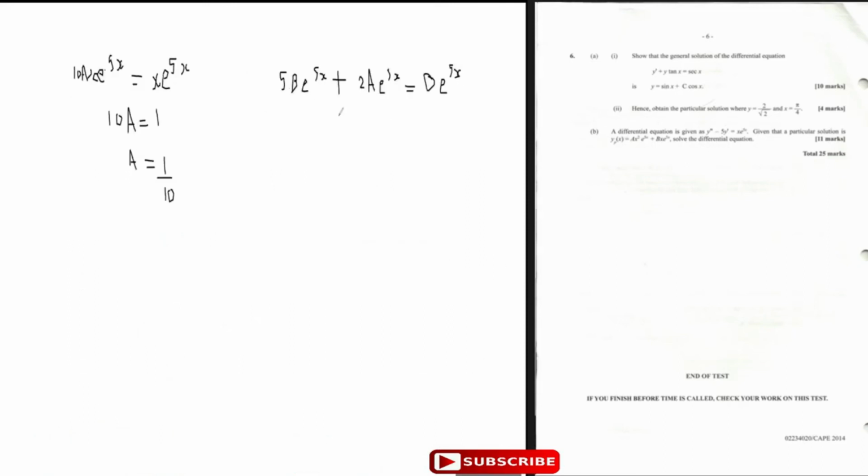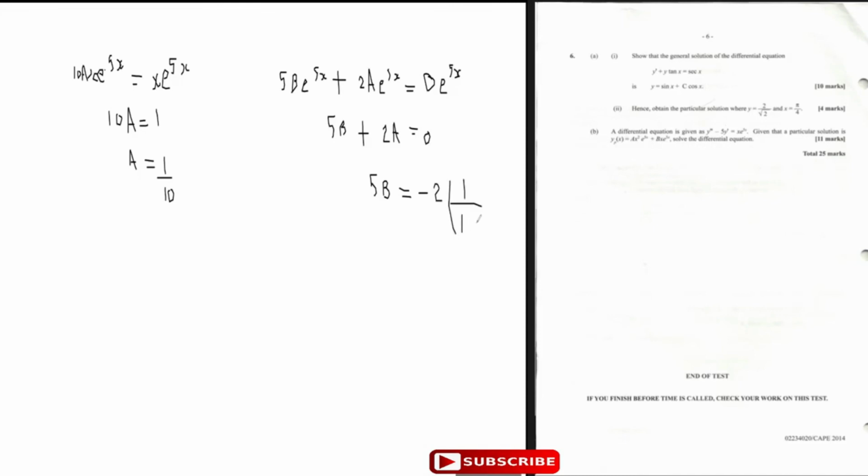We can then divide through by e to the 5x to get 5b plus 2a is equal to 0. And if 5b plus 2a is equal to 0, then we can make b the subject by getting that 5b is equal to minus 2a, minus 2 times a, and a is 1 over 10.